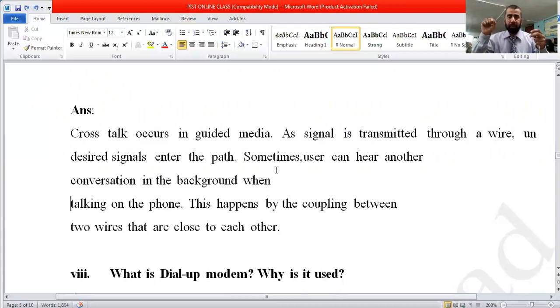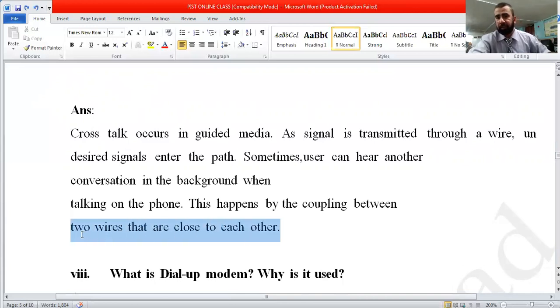STC provides the connection from there. Sometimes wires will be close to each other and distortion or crosstalk can be possible. This happens by the coupling between two wires that are close to each other.